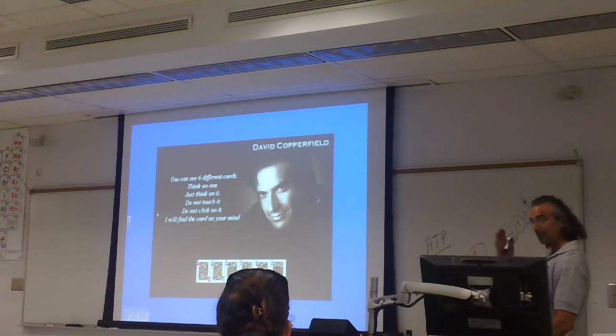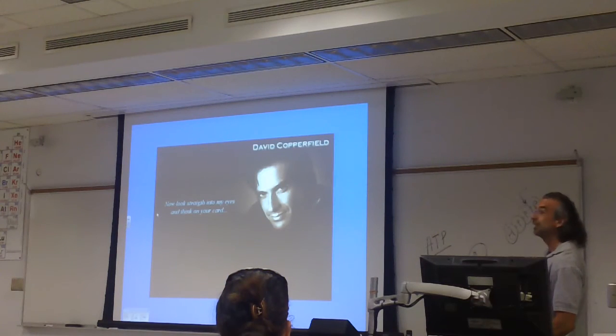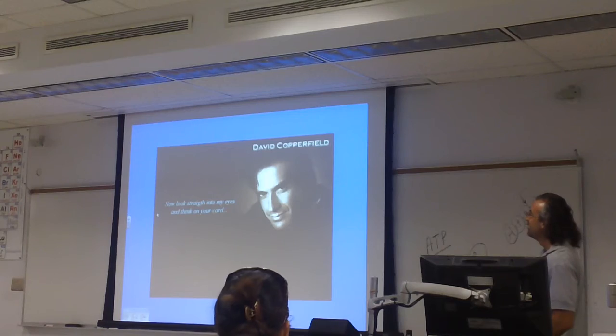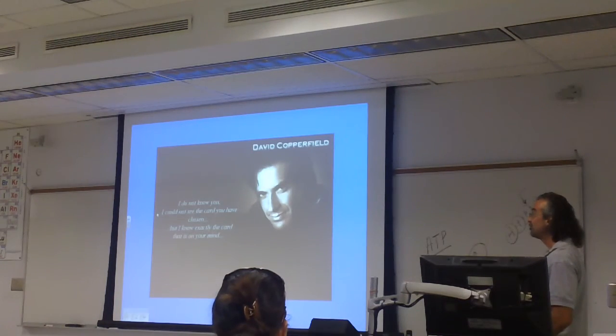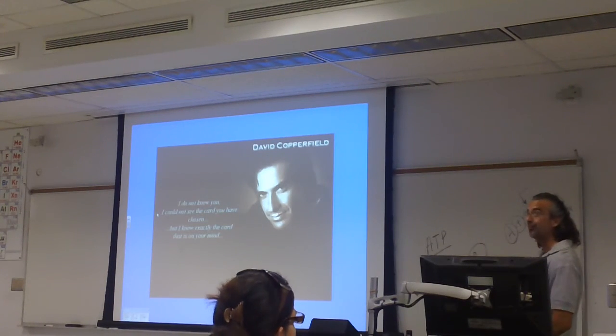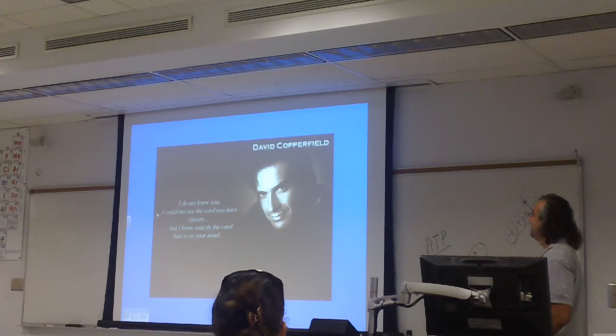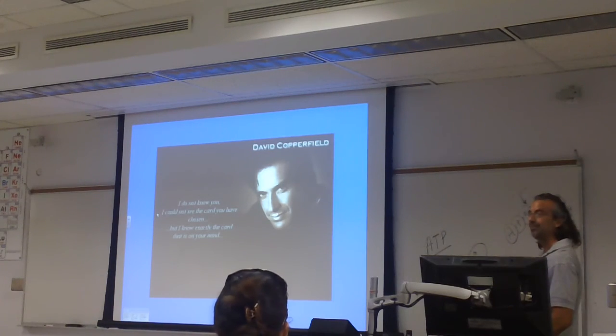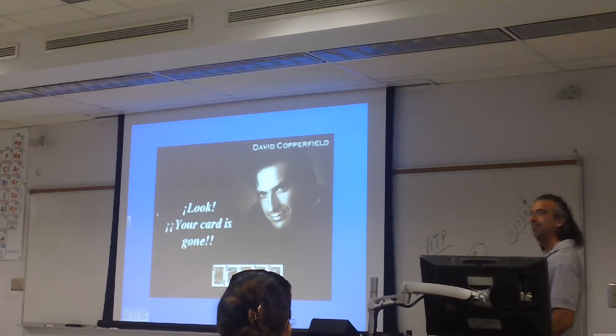All right, so think about your card. Look into his eyes. It says he doesn't know you, maybe. And he doesn't see the card you picked because it's in your brain, right? But he knows which one you have. What do you guys think? Your card's gone. Is it missing?